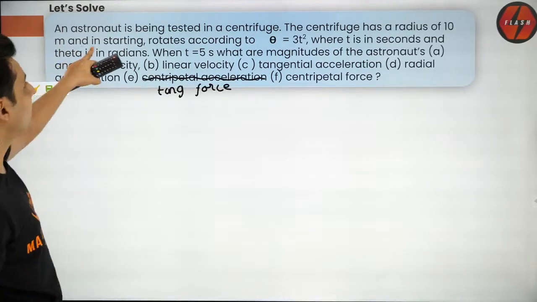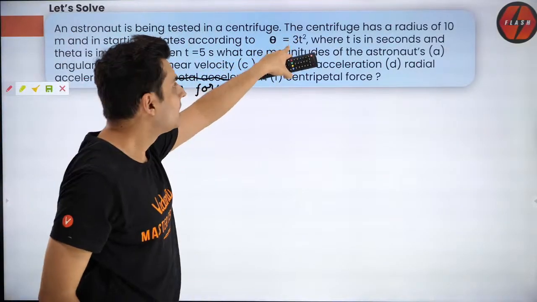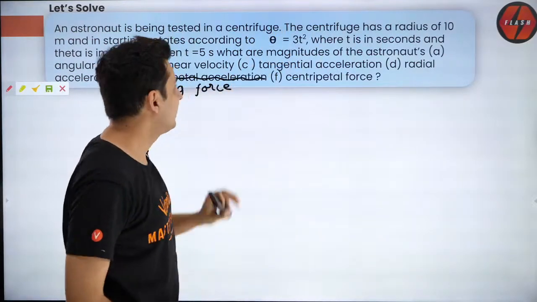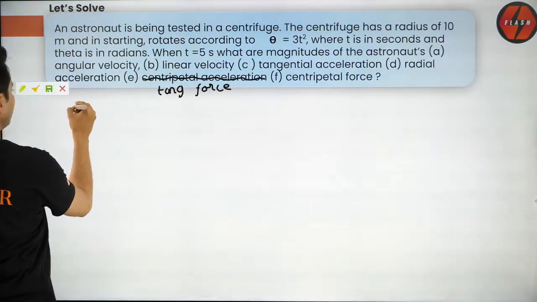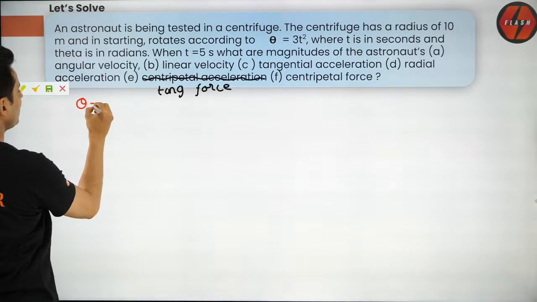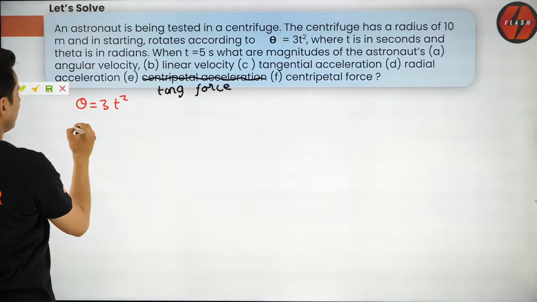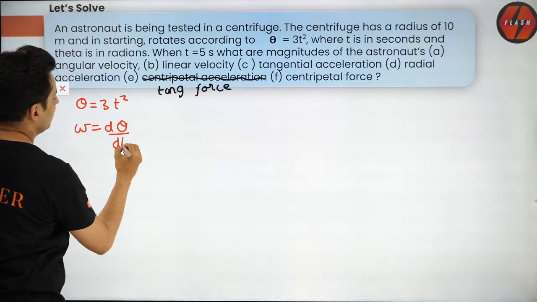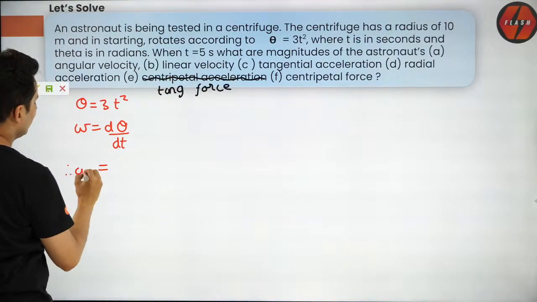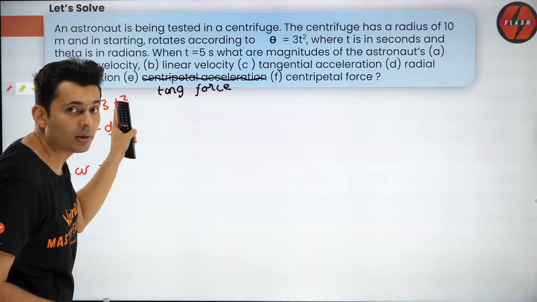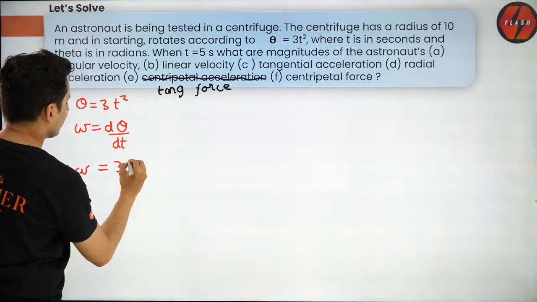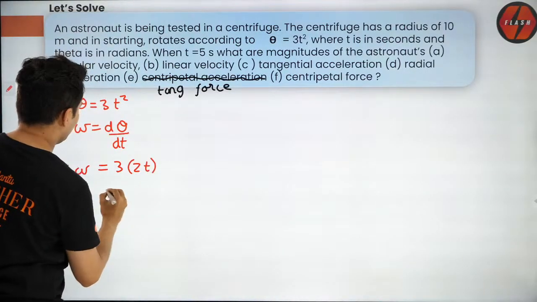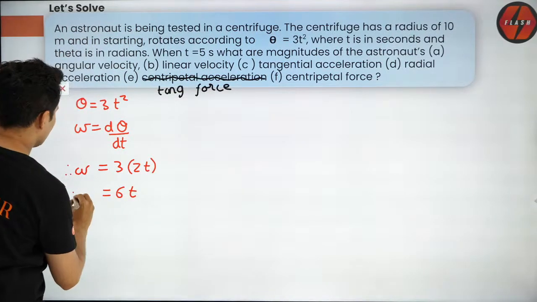Now, theta is given as a function of time. From that, what and all can we find? Let's figure it out. So if theta is given to be 3t square, I can find omega. Omega is the derivative of theta. So think about it. What will be the derivative of 3t square? 3 into 2t. So that is basically 6t. So that is omega.